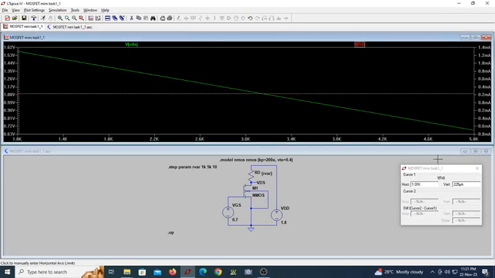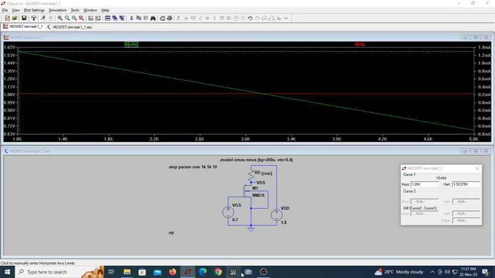You can see this is the current, which is 225 microampere throughout from 1k to 5k, and this VDS has not gone below 0.3. So it's at 0.63. So for this resistance from 1k to 5k, the MOSFET is still in saturation region. In order to make it go to linear region, this drop should increase so that this drop goes below 0.3.